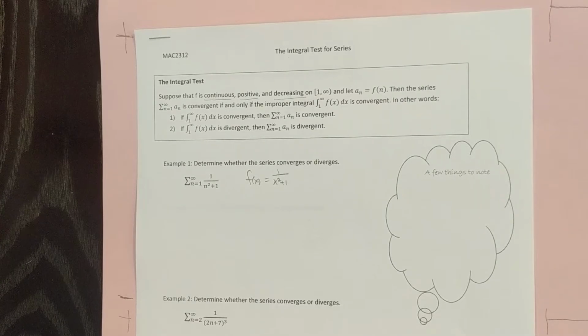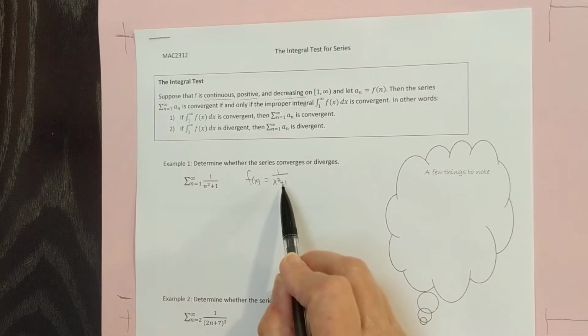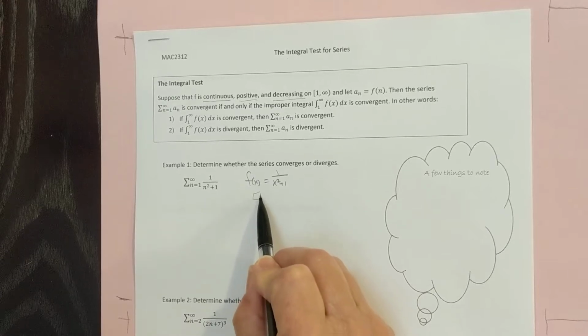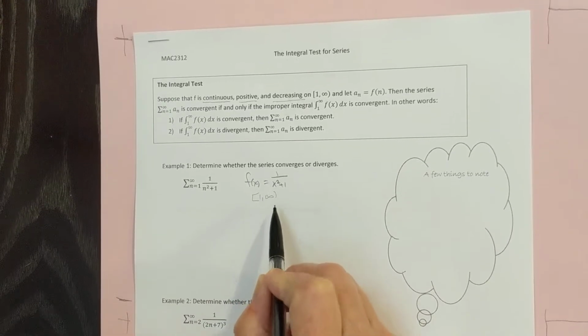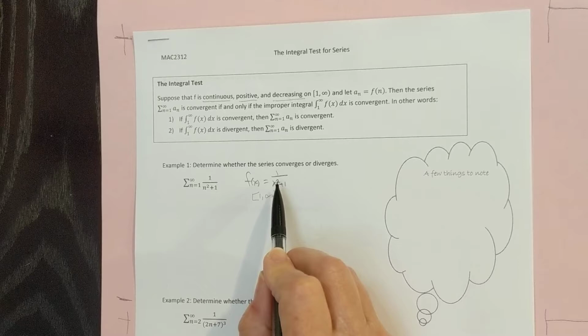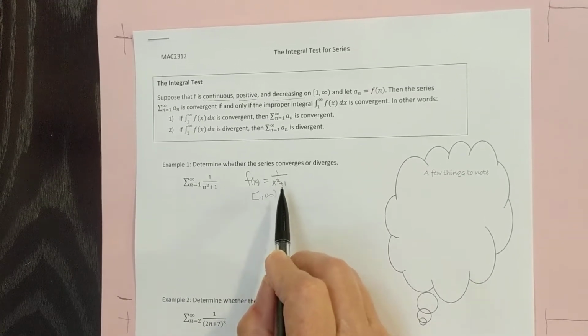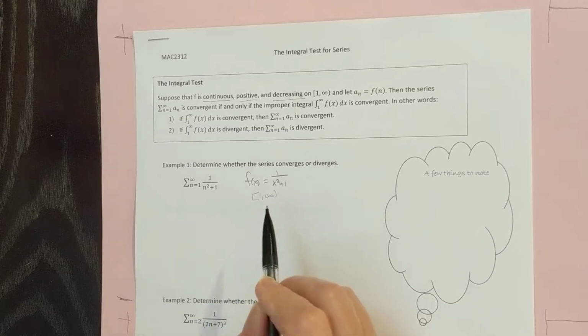The domain is all real numbers, and so it's continuous on its domain for a rational function, and so it's certainly continuous from 1 to infinity. It is positive because 1 over x squared is a positive number, plus 1 is also positive. It's always positive. And is it decreasing?